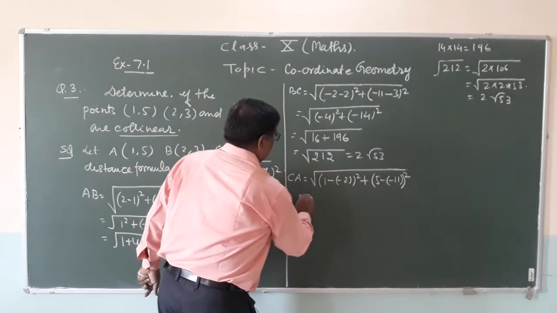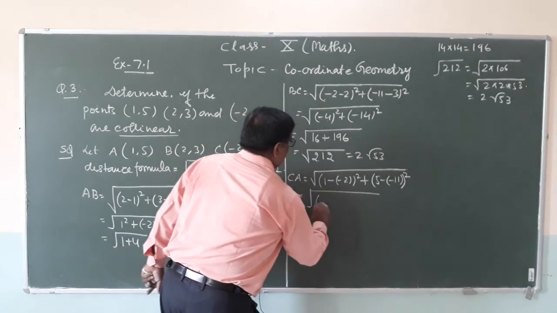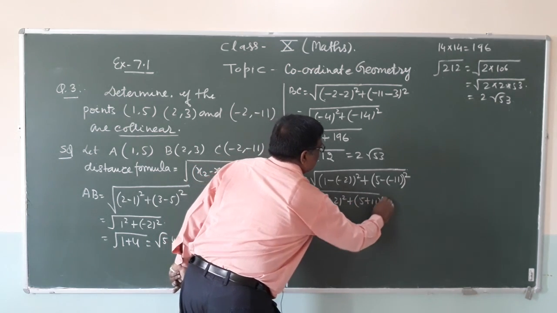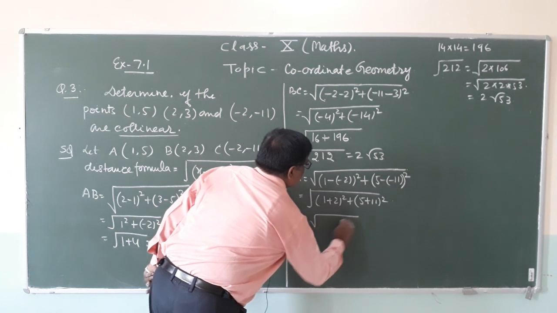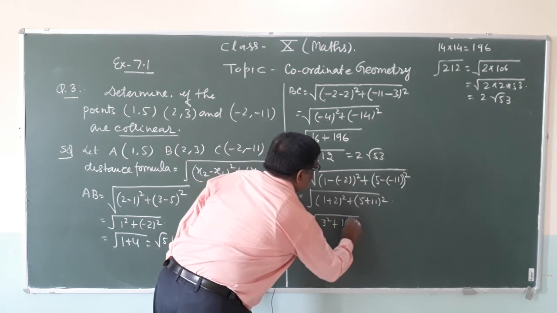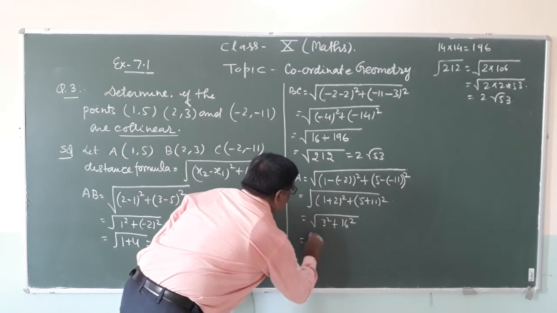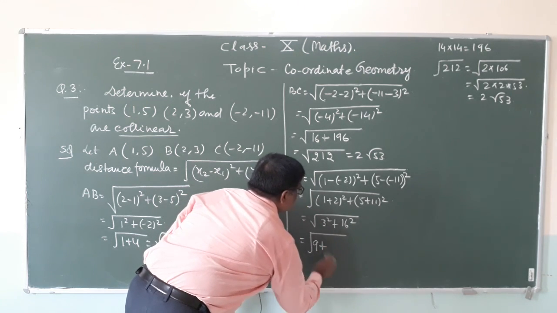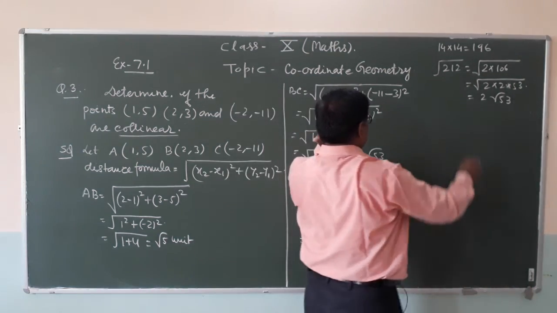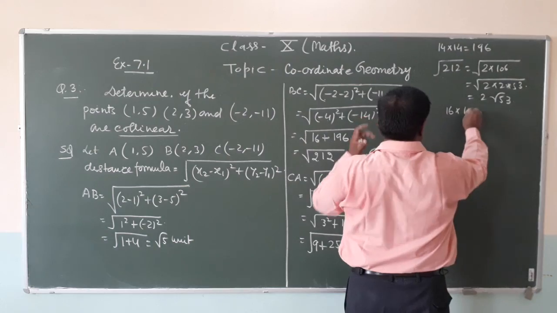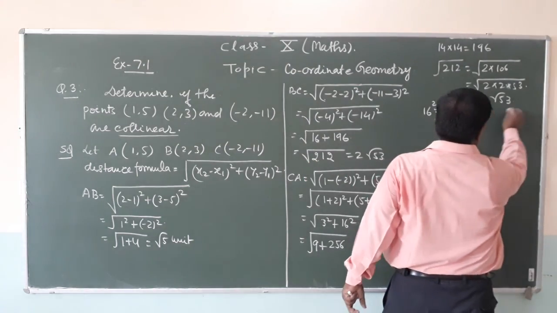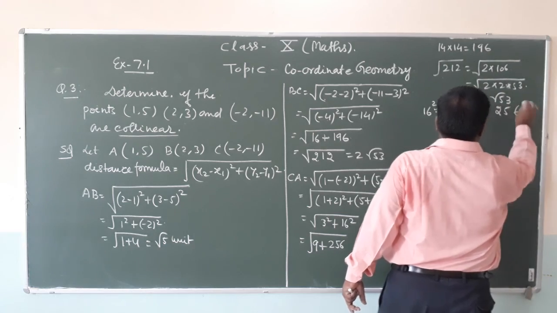So we can write (1 plus 2) square plus (5 plus 11) square. This can be written as square root of 3 square plus 16 square. 5 plus 11 is 16. This is root of 9 plus 256, since 16 into 16 is 256.